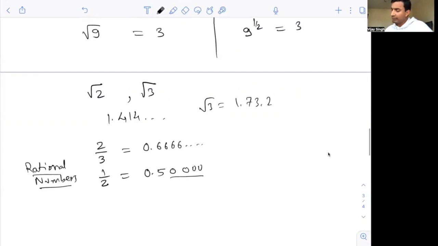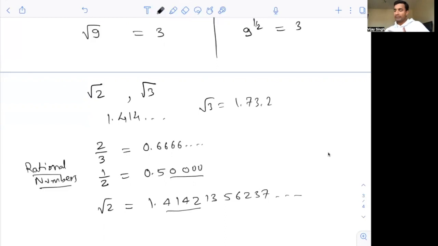But there are certain numbers that if you represent them in the decimal form, so square root of 2 is 1.4142135627, and so on. You can take a group of 3 of them or 4 of them or 5 of them.